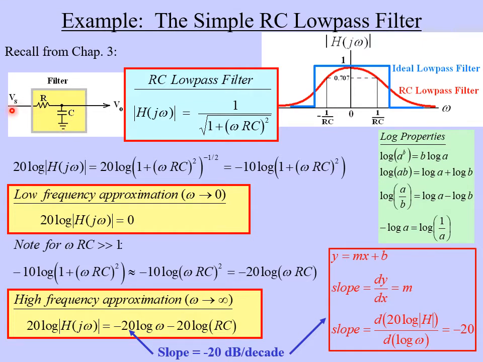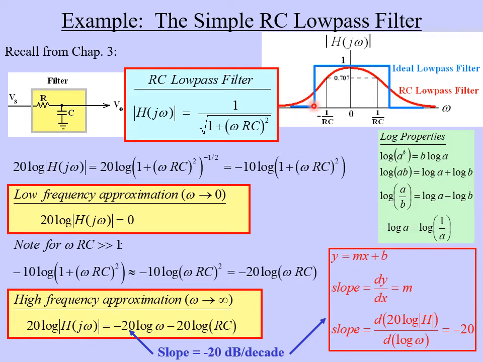The input voltage signal comes in here on the left, and the output voltage is taken here where the resistor and the capacitor join. And the frequency response for this filter, we did the details in Chapter 3. The magnitude of H of j omega is given by 1 over the square root of 1 plus (omega RC) squared.